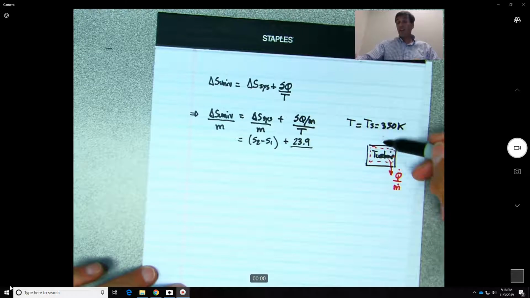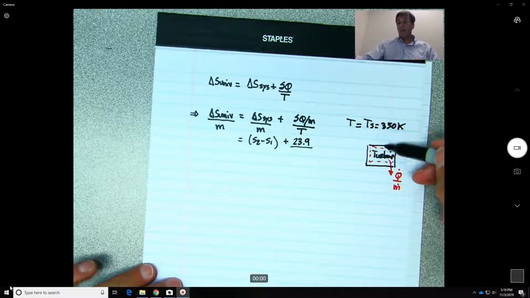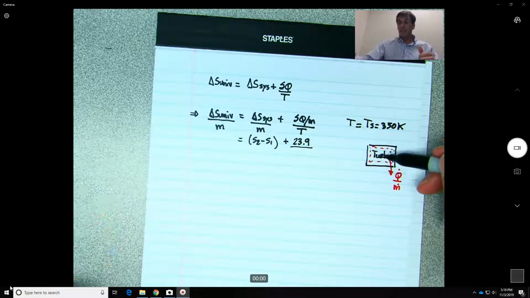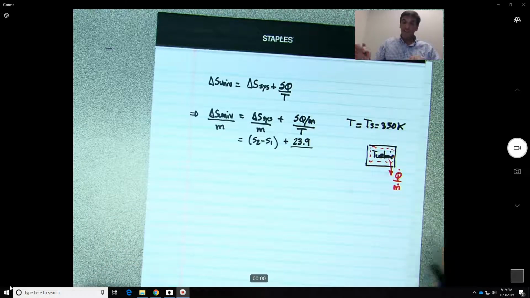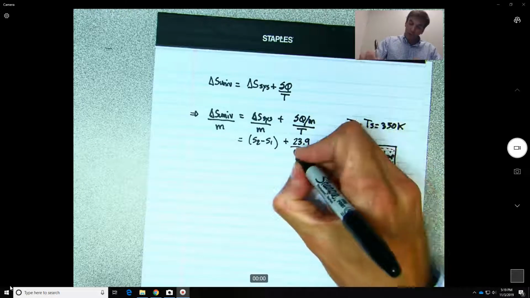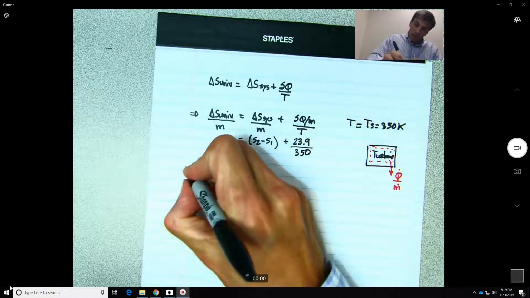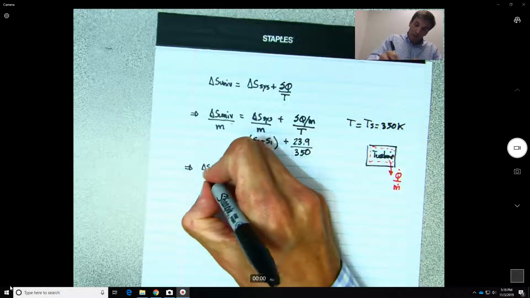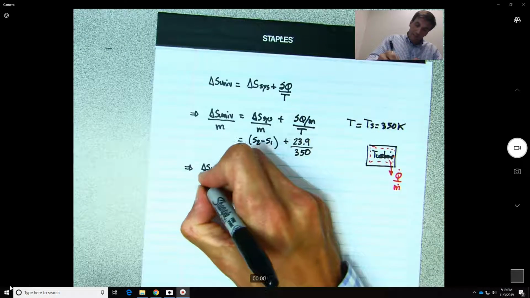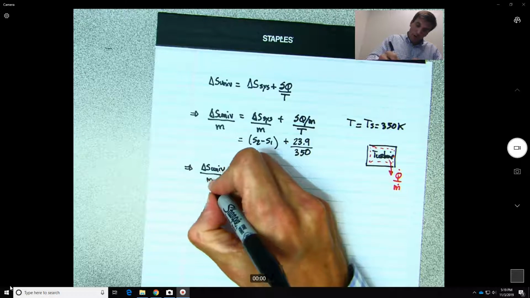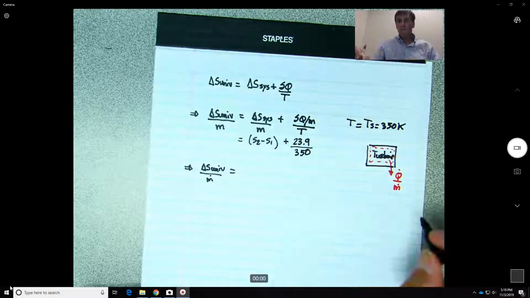If there is heat going in, what does that mean? We are adding energy to the system, and that energy will be in addition. So that energy will not be wasted. So it will be 23.9 divided by 350. So this will give us that the change of entropy of our system per unit mass will be equal to what?